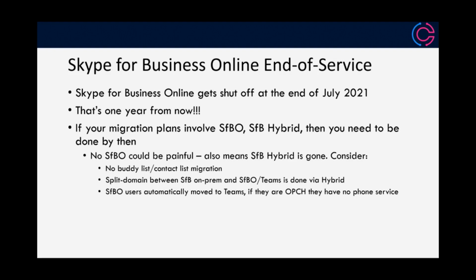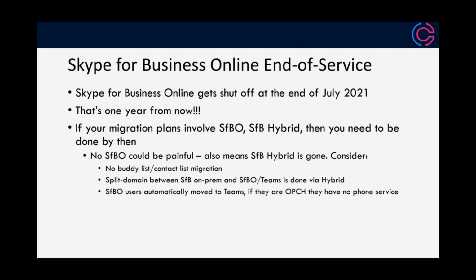So hopefully there's going to be some sort of announcement about an ability to make this happen in a nice fashion without the Skype for Business Online functionality coming soon. But this is something that I see a lot of concern around with customers right now.